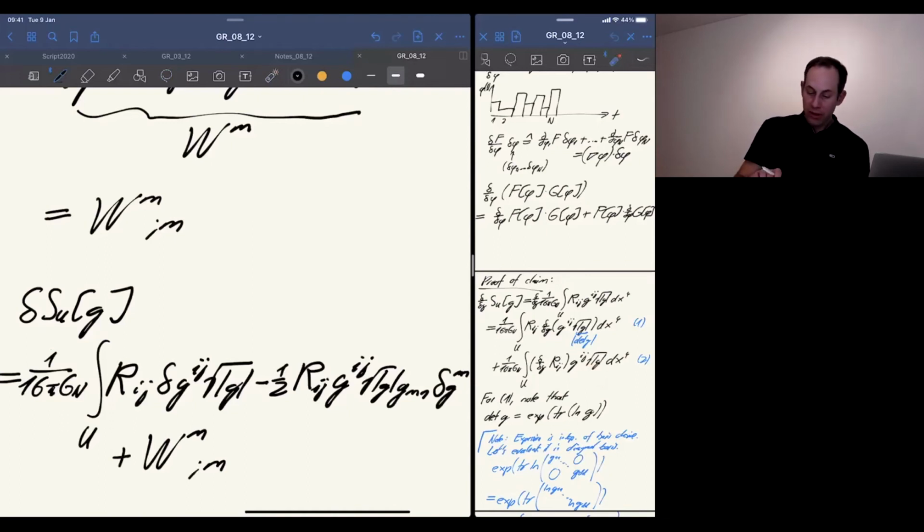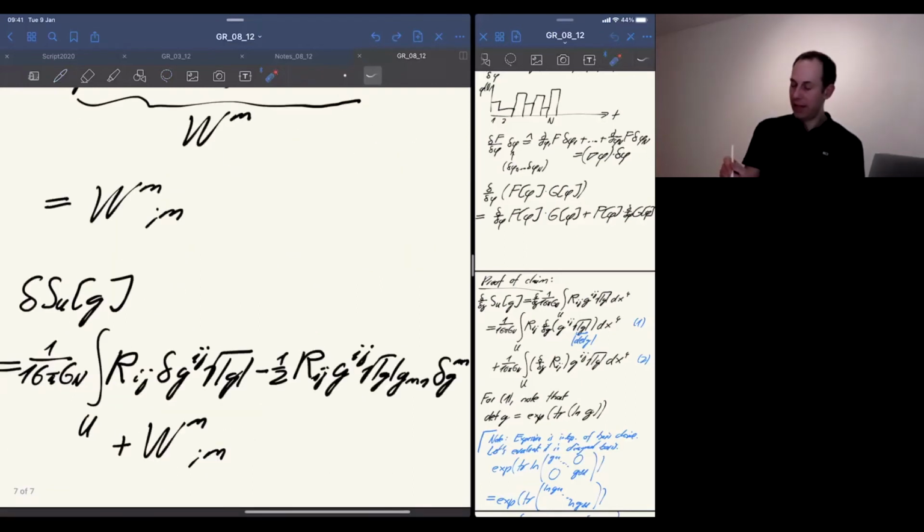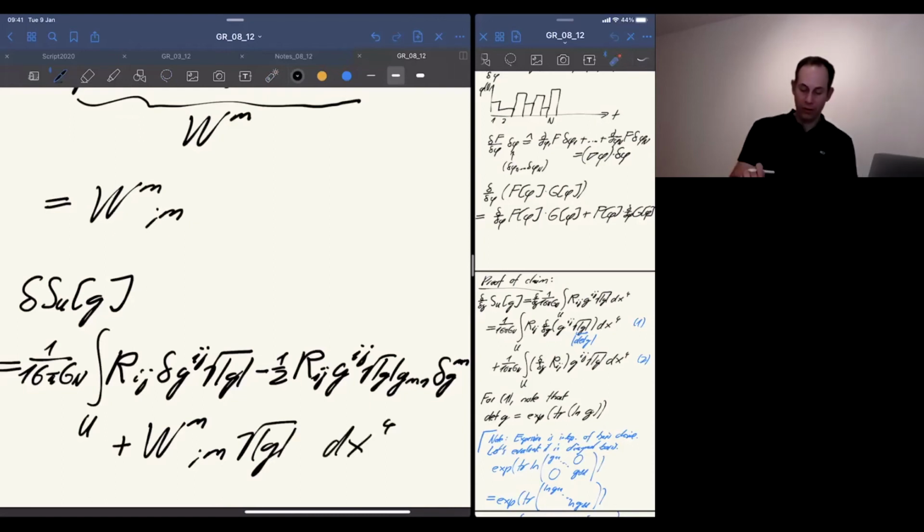Note that this W^m already included the G^ij. So we have already taken this into account. So the only thing that is left here is really the square root of the determinant of g again, and then we have the whole integration, which is d^4x.